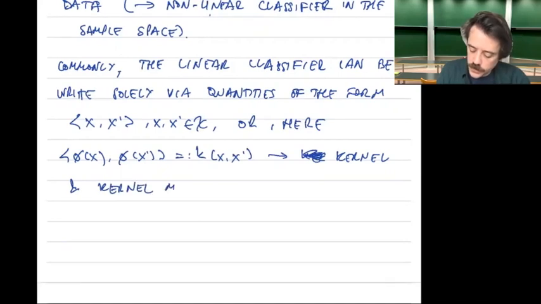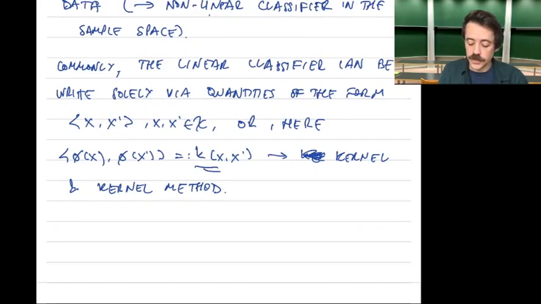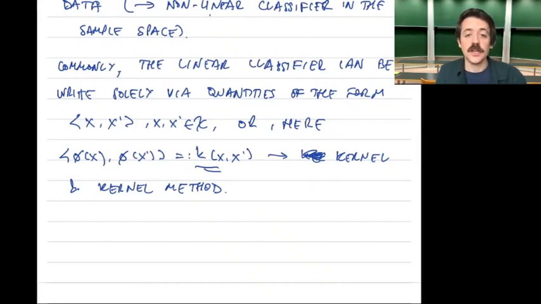In the kernel method, we view our algorithms as, rather than embedding the data into phis, we can directly introduce a kernel k that is a function of x and x prime, and bypass the introduction of this feature map. The outstanding question is whether that is equivalent to introducing the feature map.